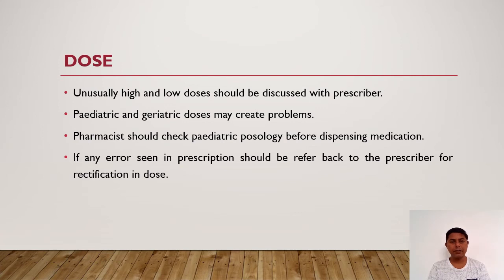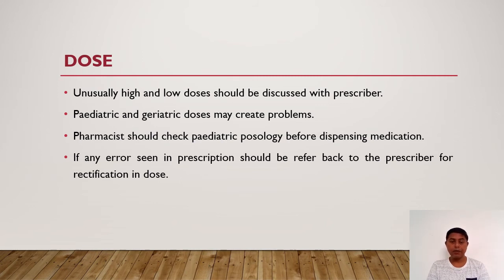The next error comes with dose. Usually, high and low doses should be discussed with the prescriber. Pediatric and geriatric doses may create a problem because pediatric and geriatric patients require low doses. In pediatric patients, their organs are not developed, whereas in geriatric patients, their organs are not functioning properly.